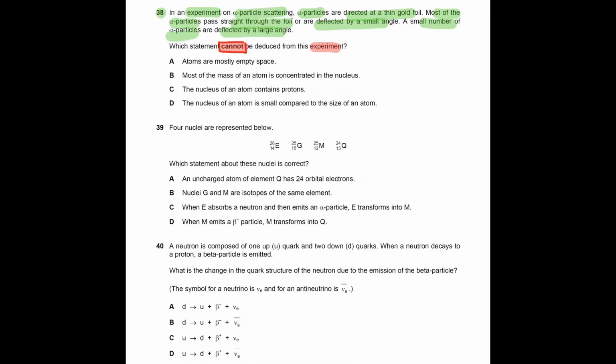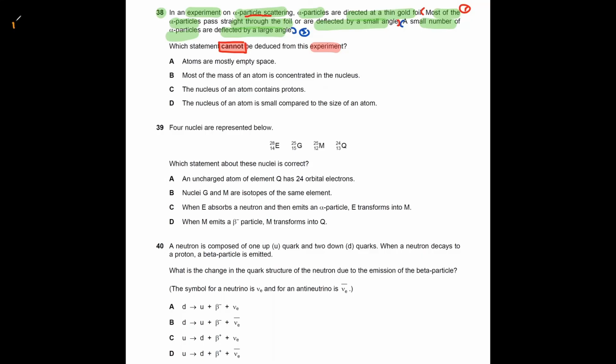There are usually two observations that can be obtained from the alpha particle scattering experiment. The first one being that most alpha particles pass straight through the foil or are deflected by small angles. This is the first observation. And then the second observation is that a small number are actually deflected by large angles. This is the second observation. So from these two observations, there are three main conclusions that you can actually get.